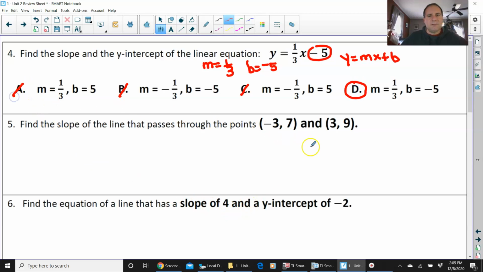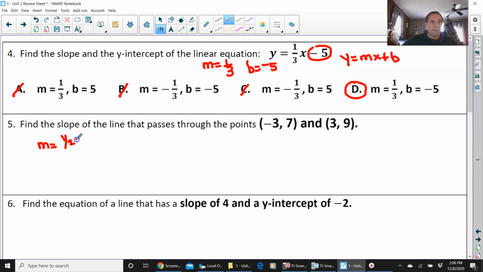Find the slope of the line that passes through these points right here. What is the slope formula? Slope formula, y2 minus y1 over x2 minus x1.